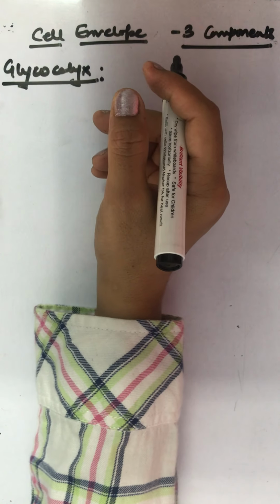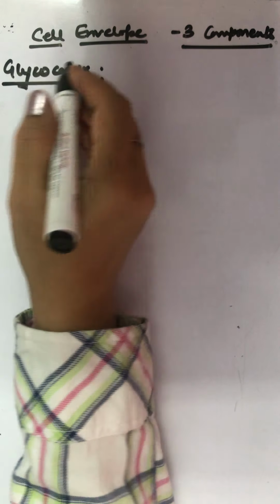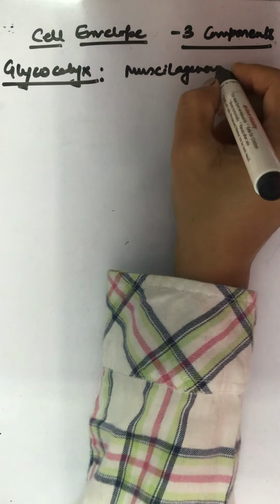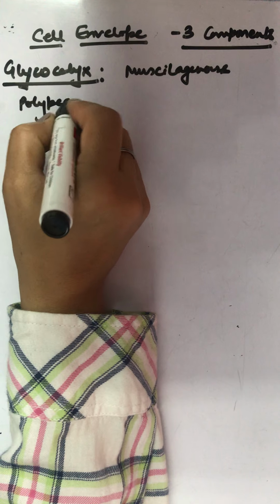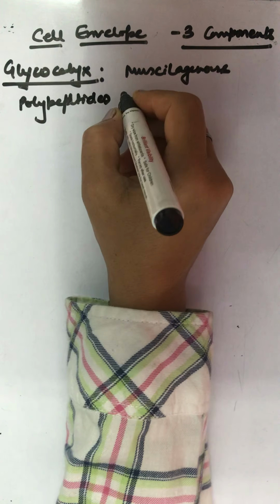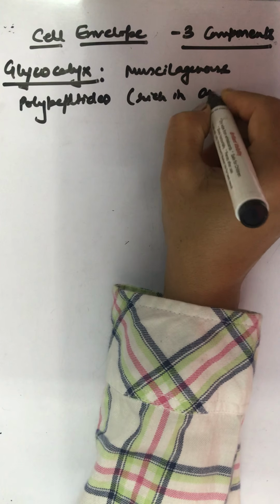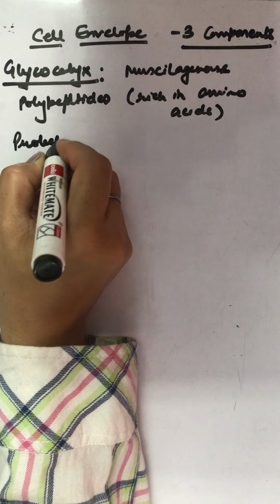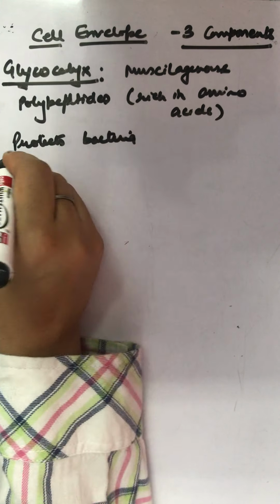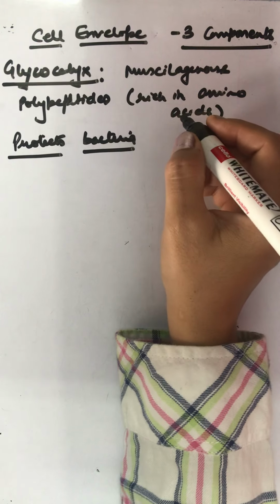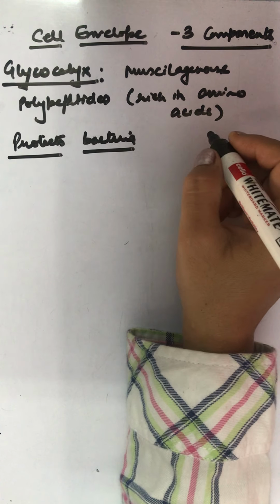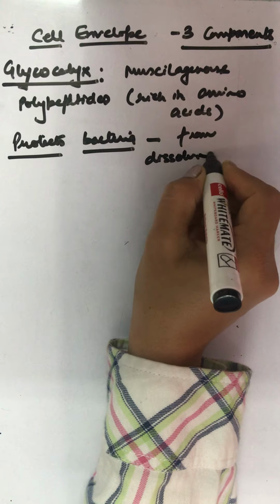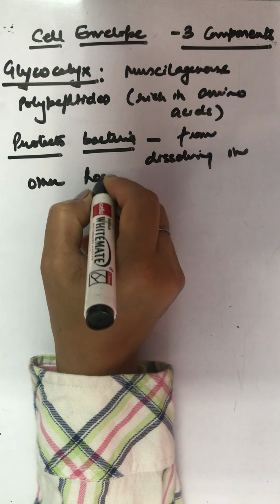It is basically a mucilaginous covering mainly made up of polypeptides, which are rich in amino acids, so it protects the bacterial cell wall, because it does not allow it to dissolve in lysosome and other harmful chemicals.